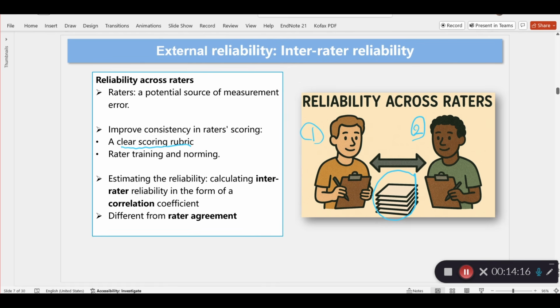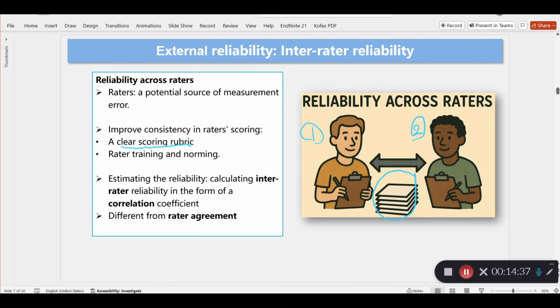For example, if you say that level 1 writing or level 1 speaking performances look like this and that, it's a great idea to present some exemplars so the rater who's being trained can associate the description on the rubric with some real-world examples. That's number one.